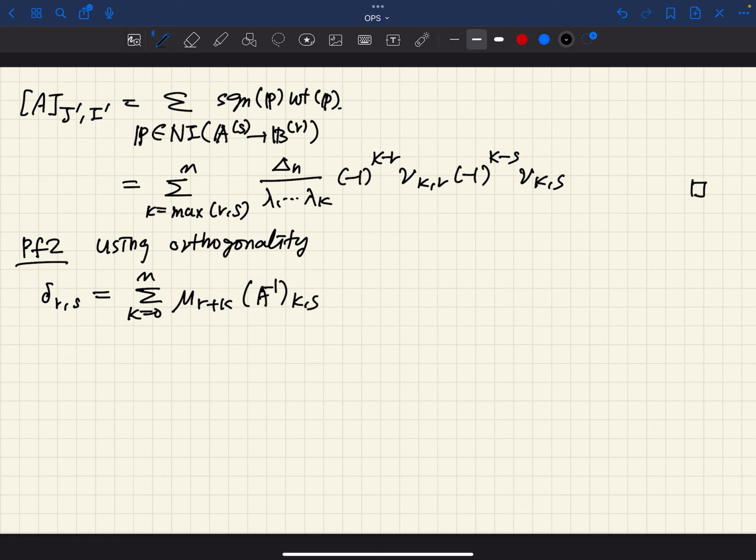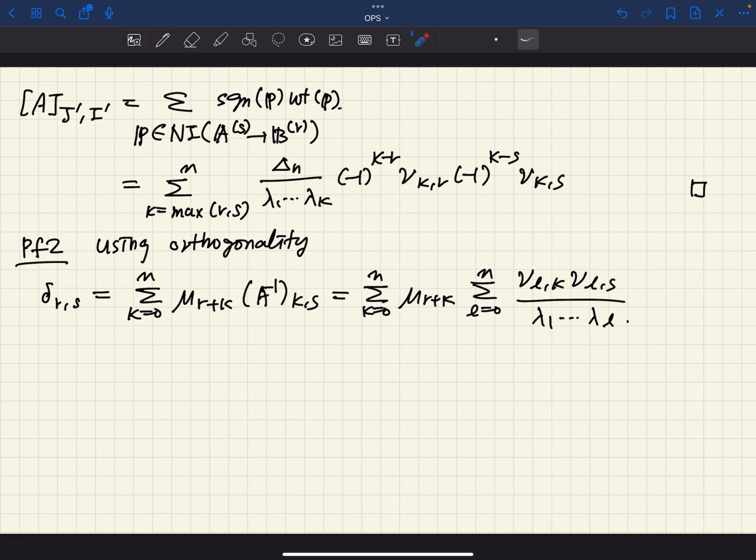If you plug in the formula here, then you get sum of new LK, new LS over lambda 1 through lambda L. I just plug in the formula there.